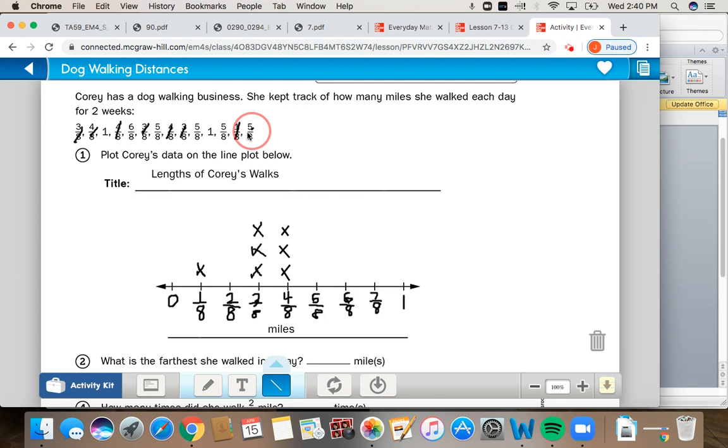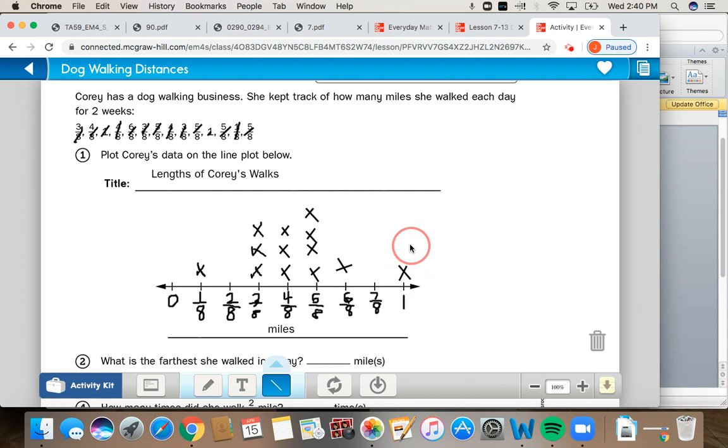Here I see 1, 2, 3, 4 above 5/8. 1, 2, 3, 4. And here I have 6/8. I don't see any 7/8. I see 2, 1 whole, which would be 8/8. So I need 2 here.